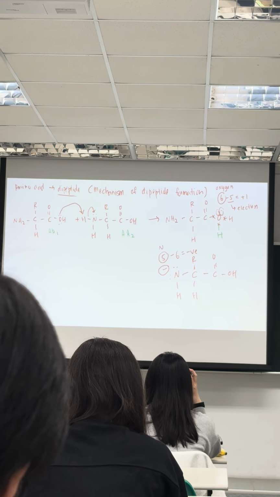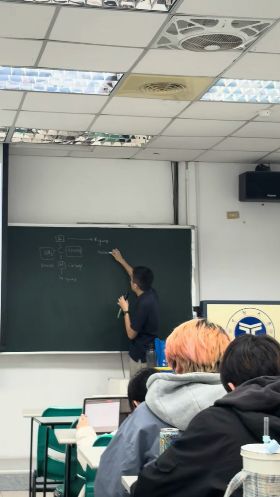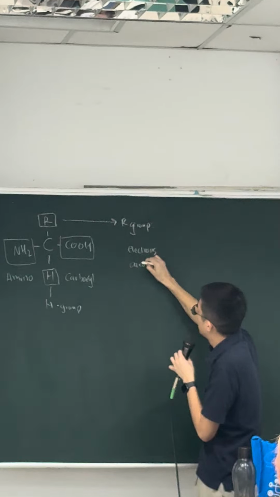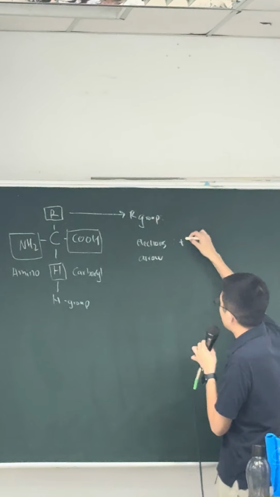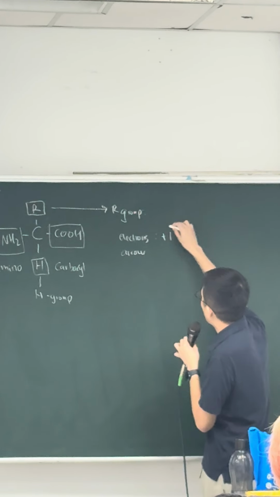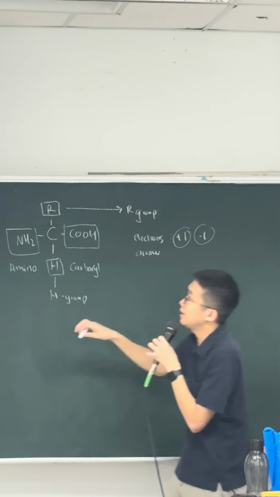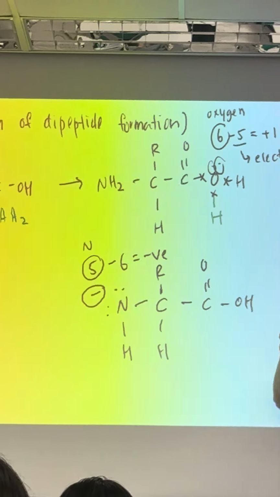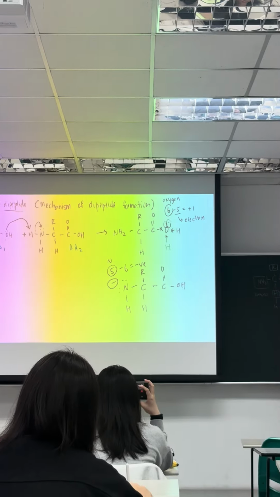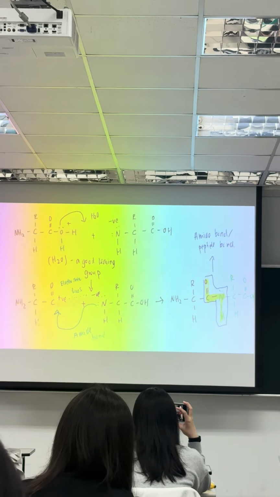Make sure of a few things. The electrons and the arrows, the +1 or -1, please write clearly. Write all the arrows clearly.